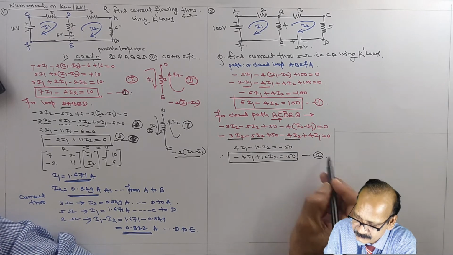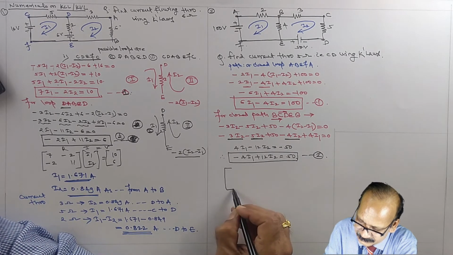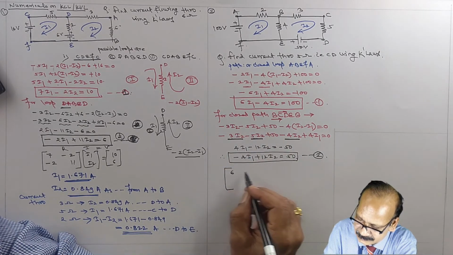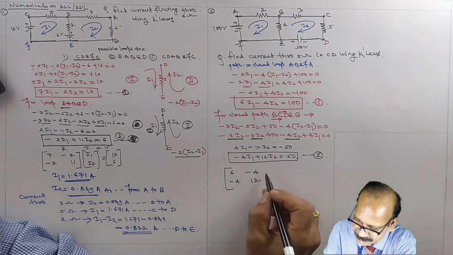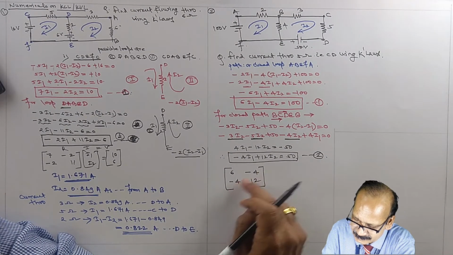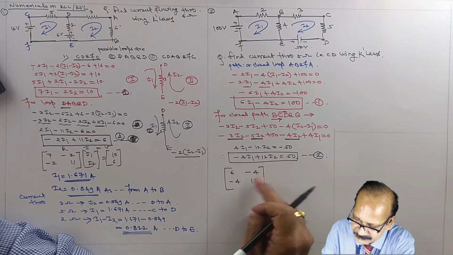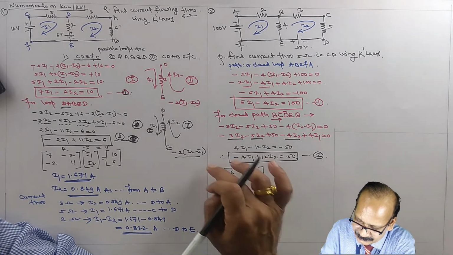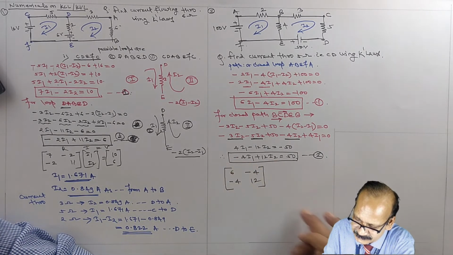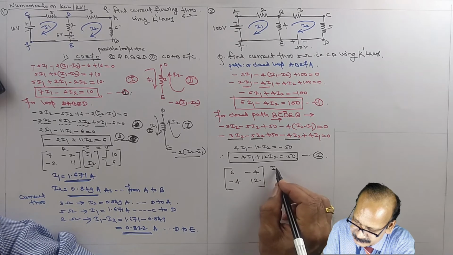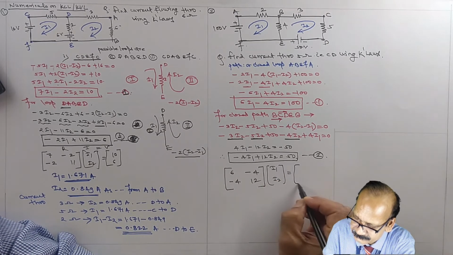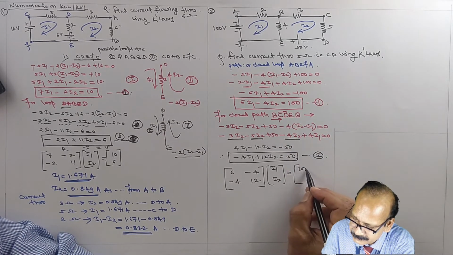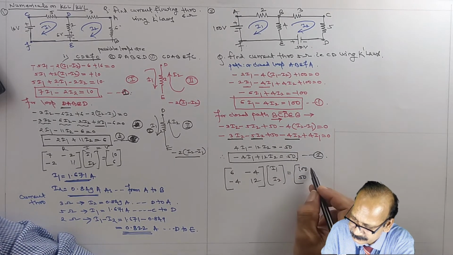This is equation 2. Put it into matrix form: 6, minus 4, minus 4, 12. The off-diagonal elements are negative, whereas the diagonal elements are positive. Then I1, I2 equal to 100 and 50.